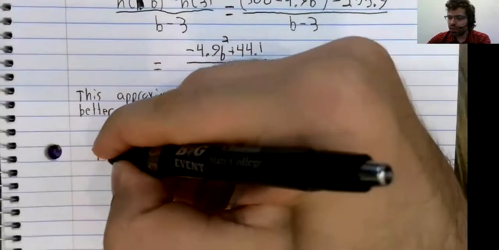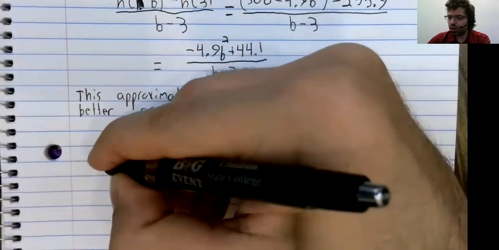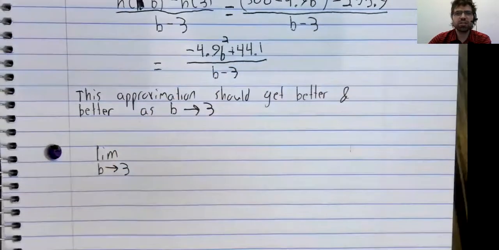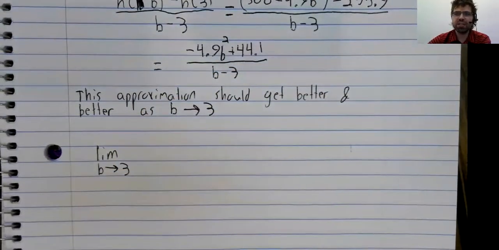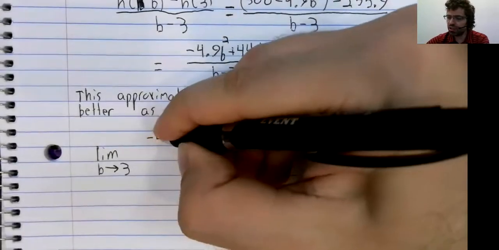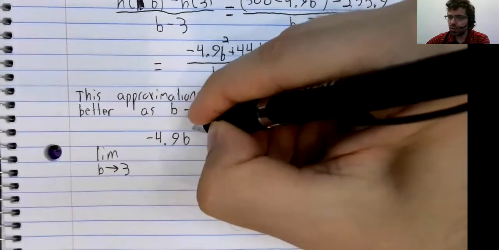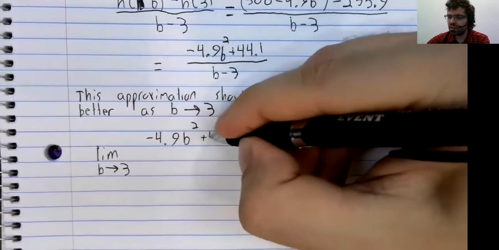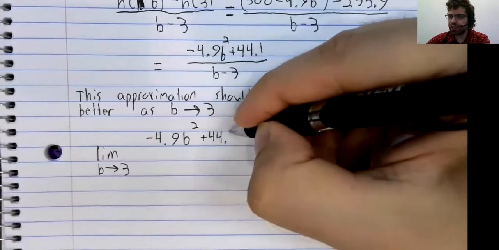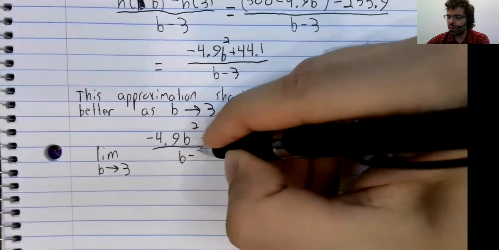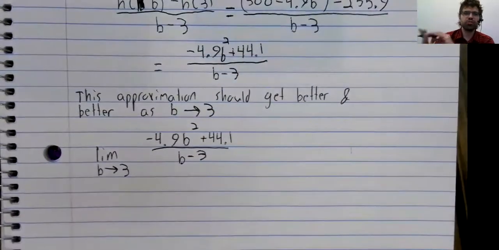And now we have a proper way of talking about this. We're looking at the limit as b approaches 3 of this average rate of change.